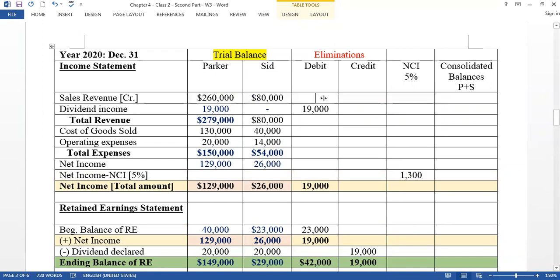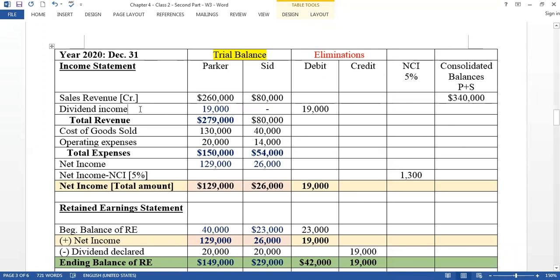We don't have any information under elimination or NCI. So we have to add these two together, and this is the consolidated sales revenue. So consolidated sales revenue is $340,000.